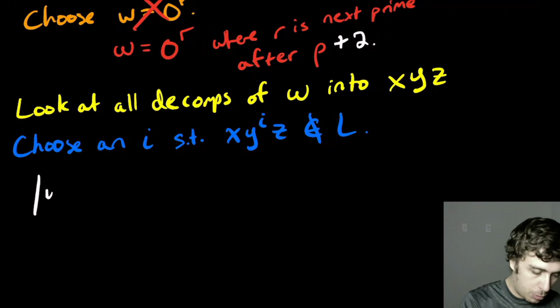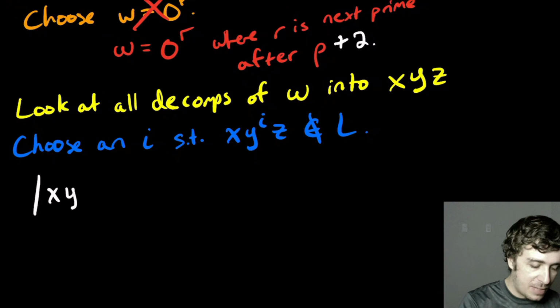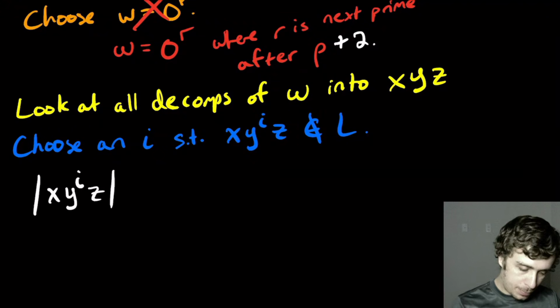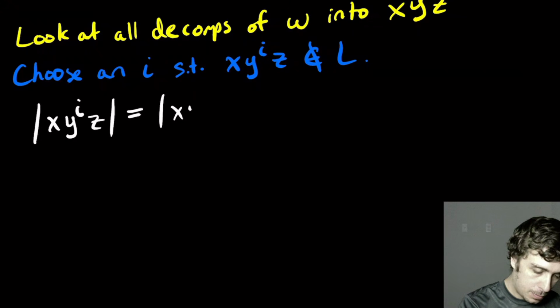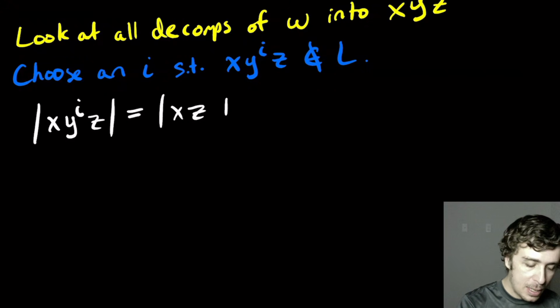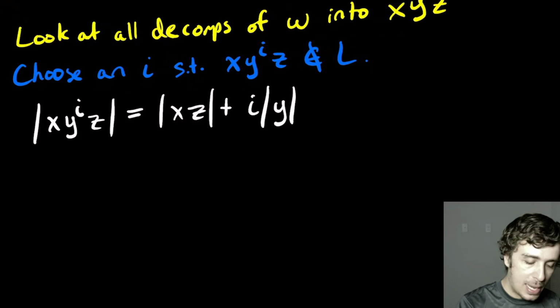I want to look at the length of x, y to the i, z, whatever it is. This is equal to the length of xz plus i times the length of y.